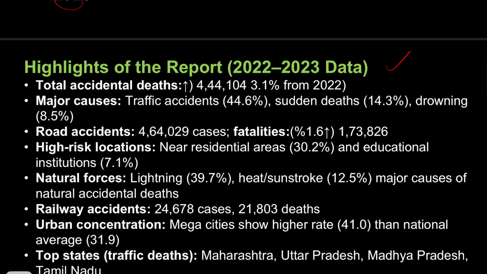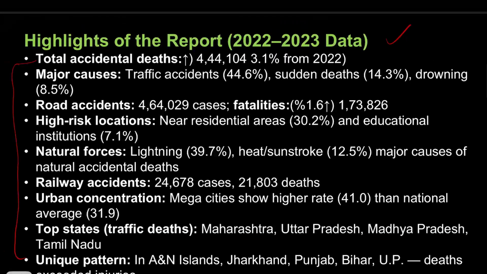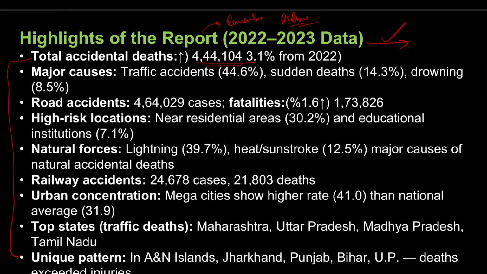Now, you have certain data which are very important, but not all of it is important to remember for the examination, especially prelims, because UPSC does not per se ask about minute, intricate data. The trend is very important, such as the reasons for the major causes of accidental deaths.